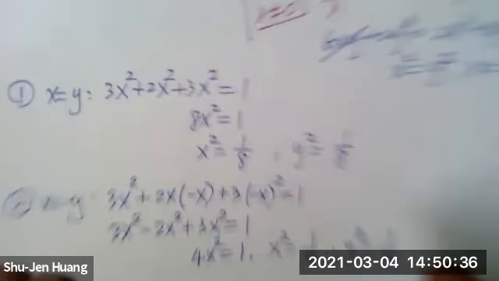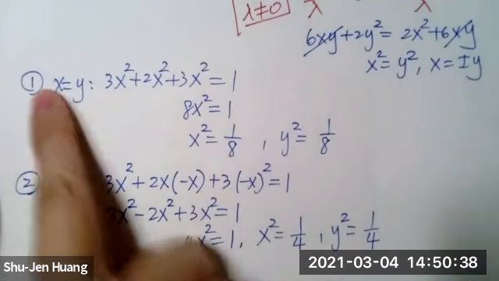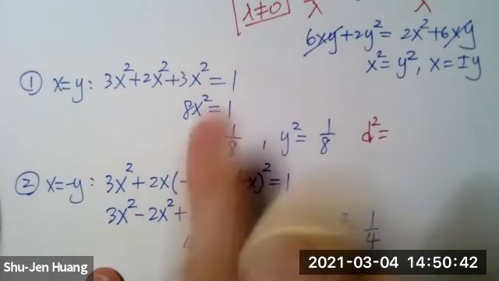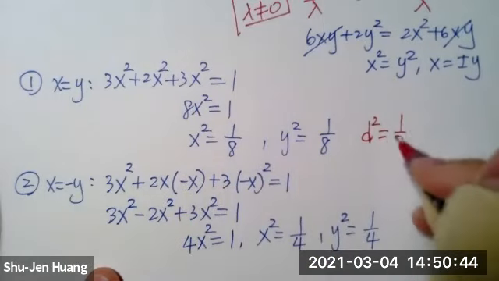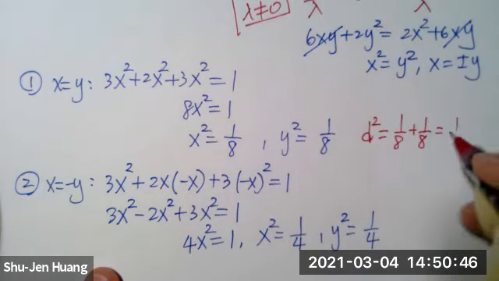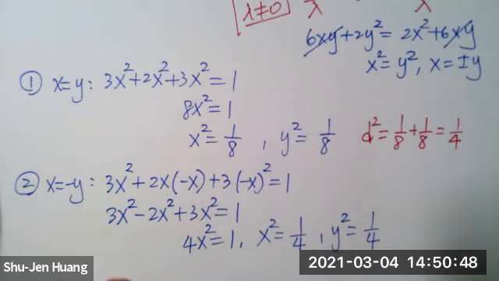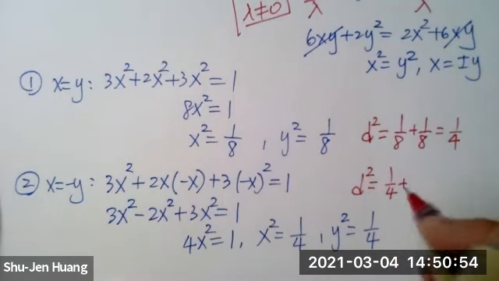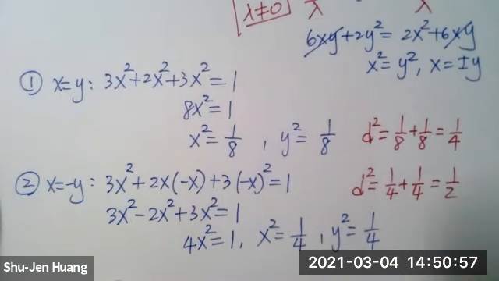So you can see here, in the first case, when x equal y, the distance squared is x squared plus y squared. That's 1/8 and 1/8 when you add them together, giving 1/4. And the second case, when x equal minus y, the distance squared is 1/4 plus 1/4. That gives us 1/2.